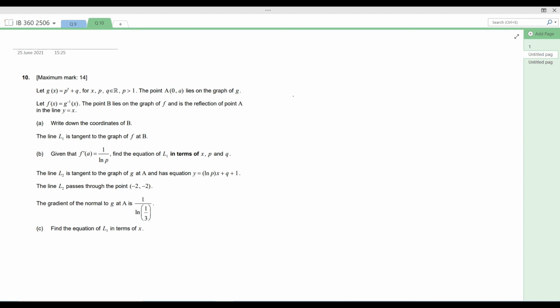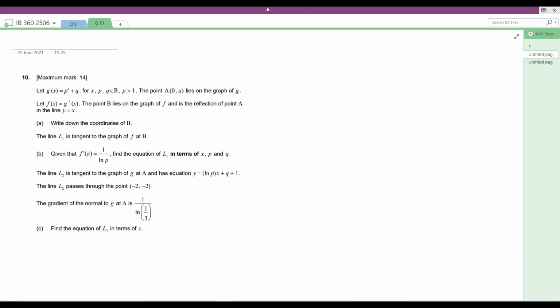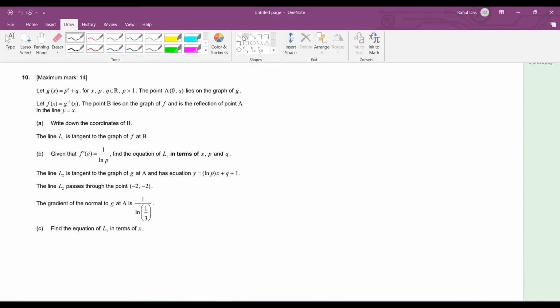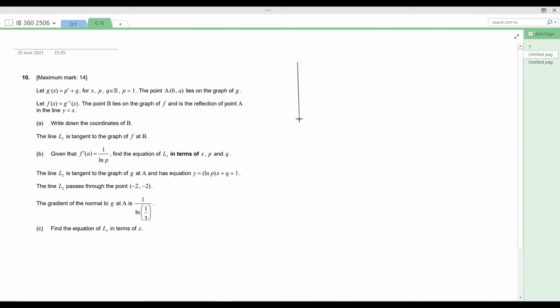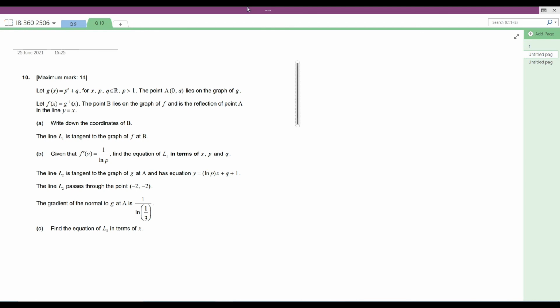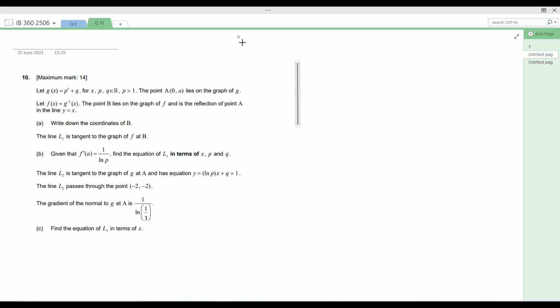For this question, let me give you some understanding from the graph. Let me draw a small graph. Here is a typical graph, and one tangential line can be this.